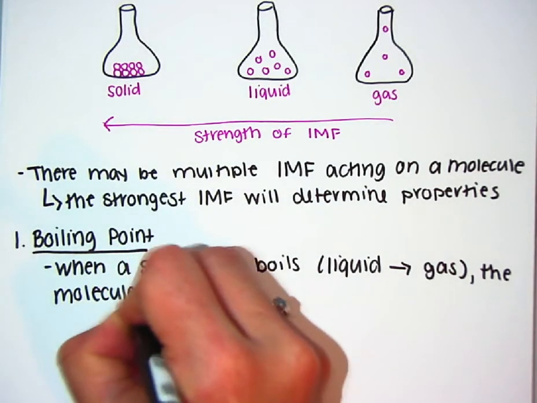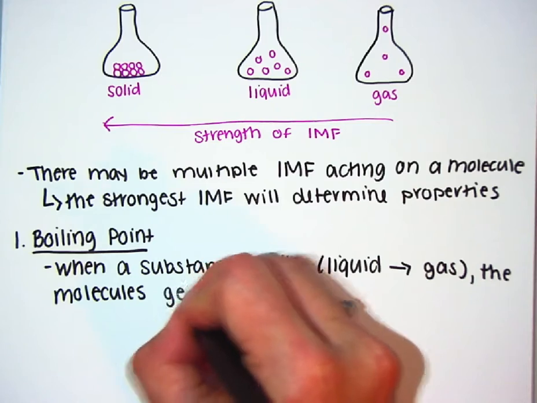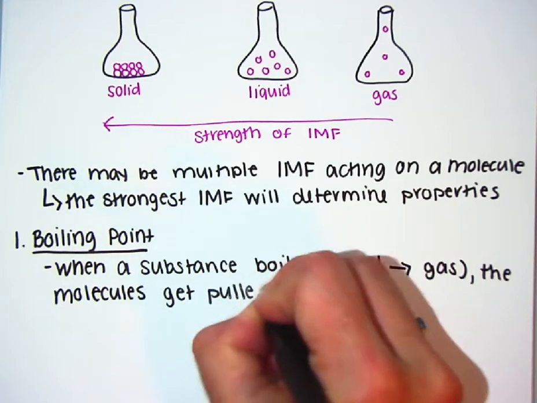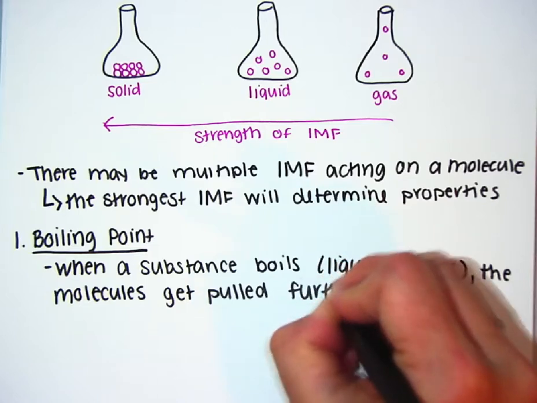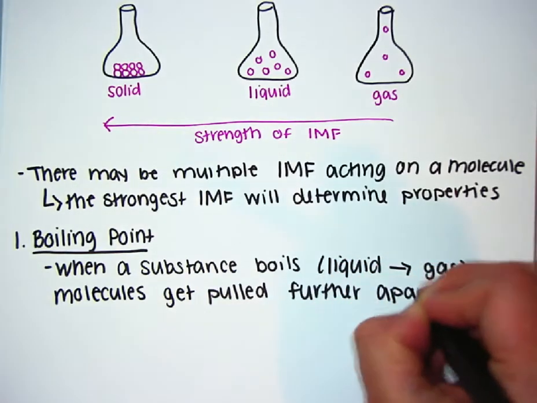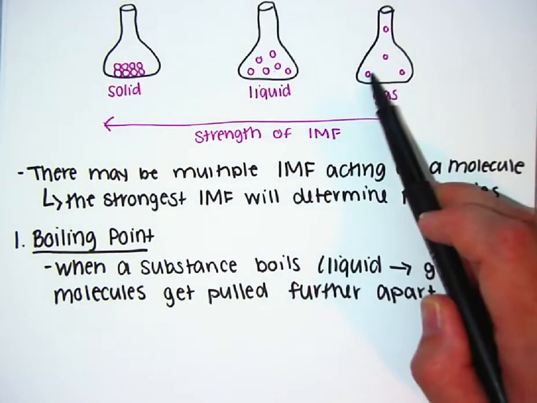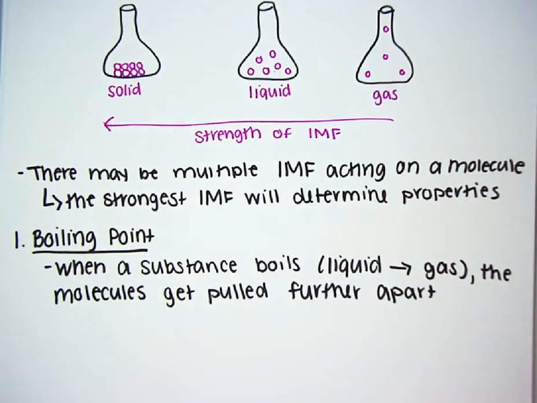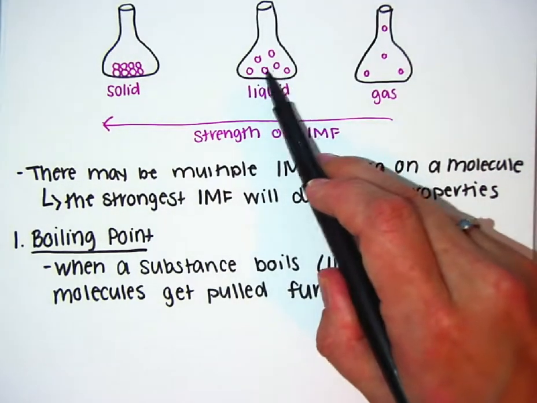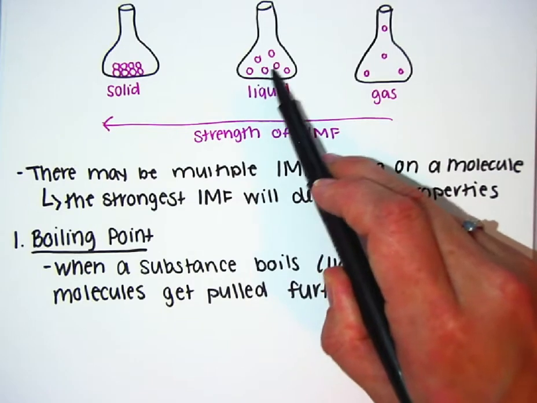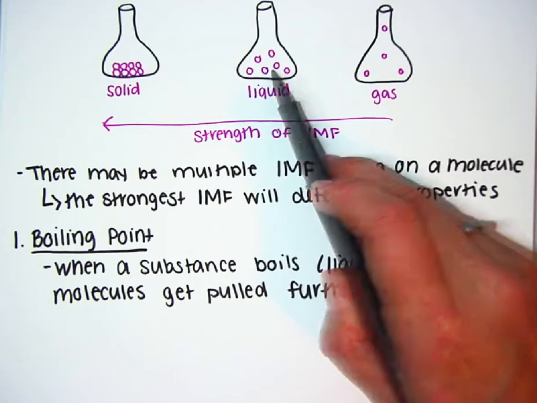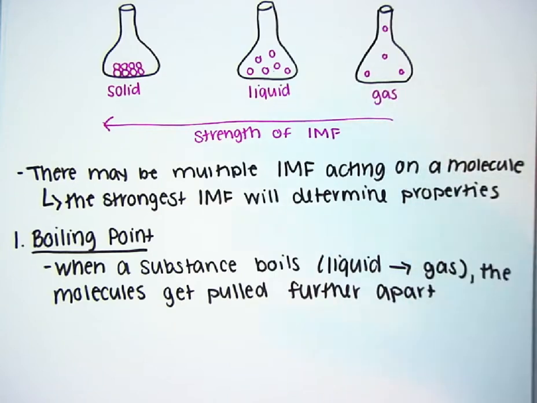The molecules get pulled further apart. Molecules go from being close together as a liquid to farther apart as a gas. As a liquid, there's an intermolecular force holding these molecules together. If we want to boil this liquid into a gas, those molecules need to be further apart, so that means that we are going to have to break those intermolecular forces.